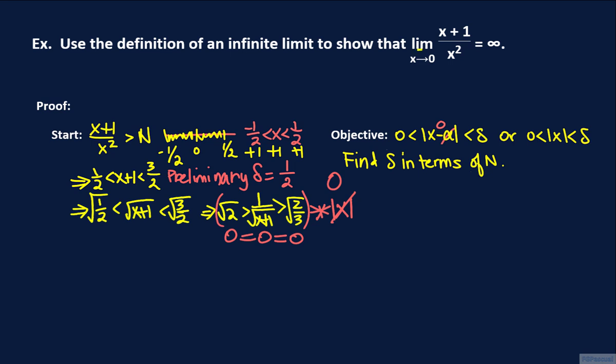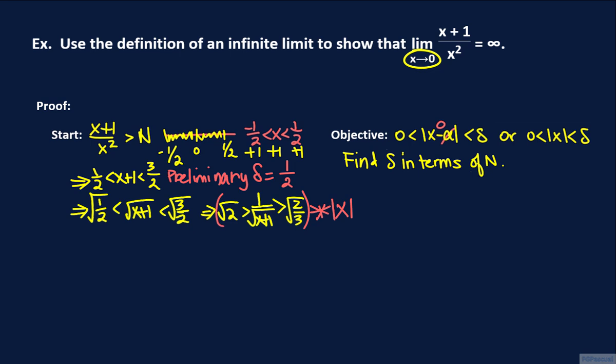However, for the problem, x is approaching 0. X is not equal to 0. X is simply approaching 0. And so the absolute value of x is greater than 0, and the inequalities stay pointing in the same direction upon multiplication by the absolute value of x.